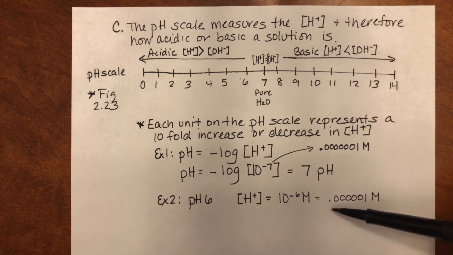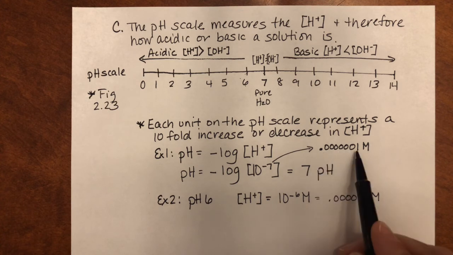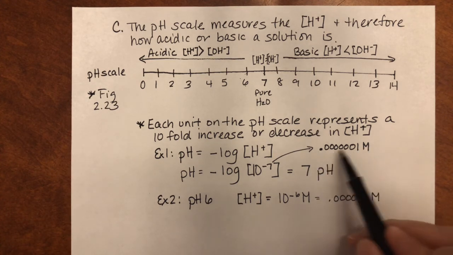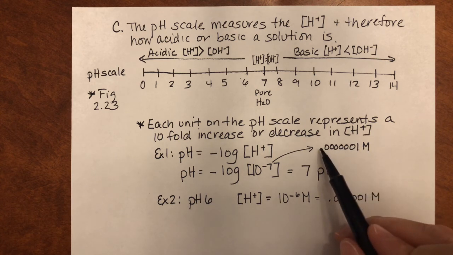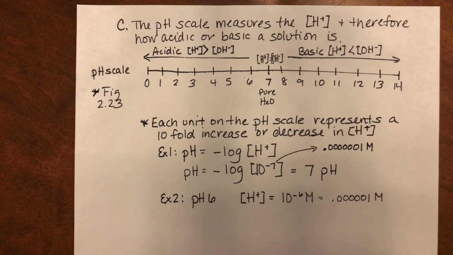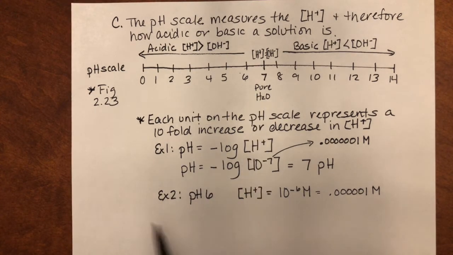At a pH of 6, this is the concentration. This is a bigger number than this, and it's 10 times bigger. If we multiplied this number by 10, we would move the decimal place over 1, and so therefore we would have a pH of 6 then. And so that's what this means.